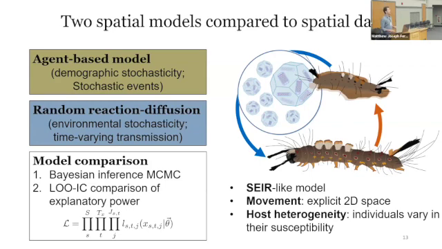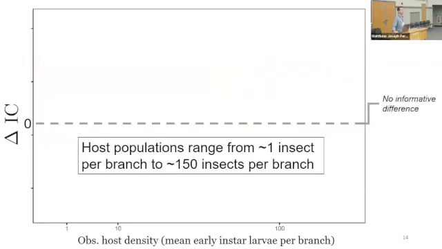And then we're parameterizing these models with our spatial epidemic data using direct likelihood Bayesian inference, MCMC. If you want to talk to me about that, feel free. I don't have time to get into it right now, but we're going to then use an information criterion to compare the explanatory power of these two sources of stochasticity. And crucially, because we have this range of host population sizes, we can plot the information criterion on the y-axis, relating that to insect density on the x-axis.